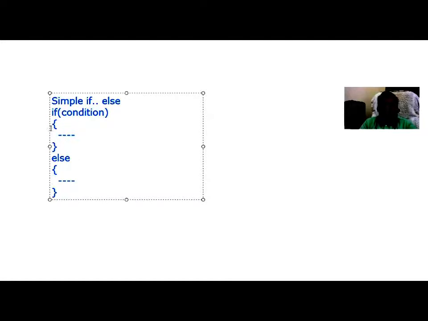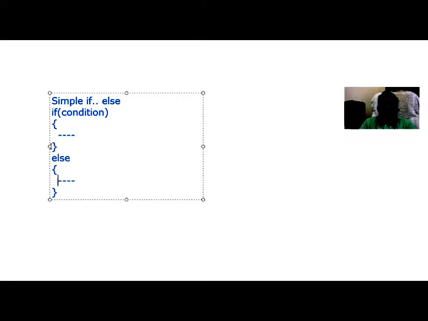When the condition is true, the first block will execute. When the condition is false, the else part will execute. So out of these two, only one block will execute at a time, because the condition will be either true or false. If this part executes, the other will not.